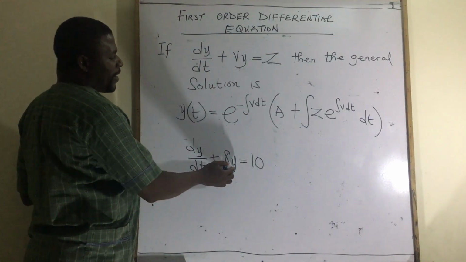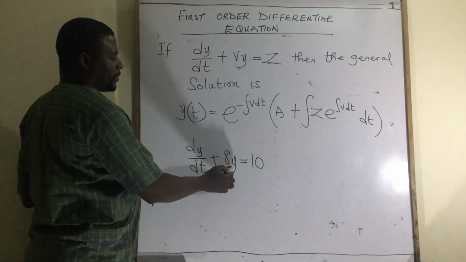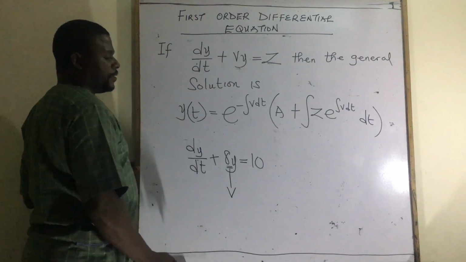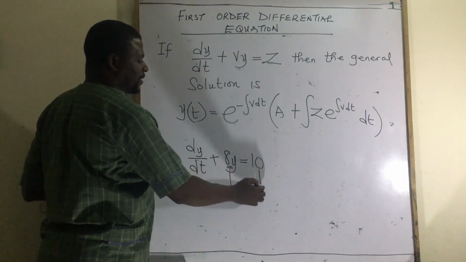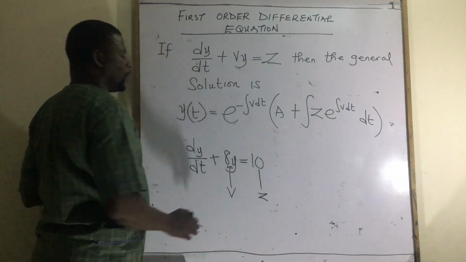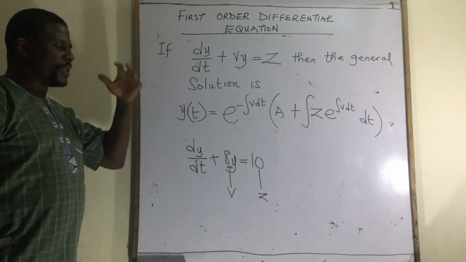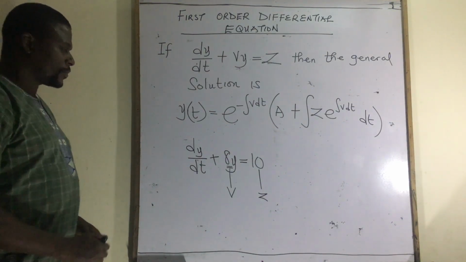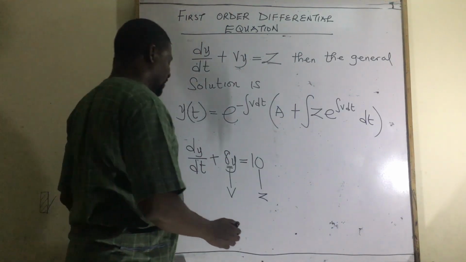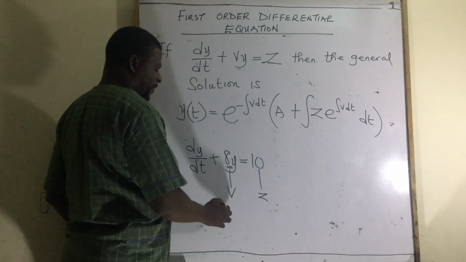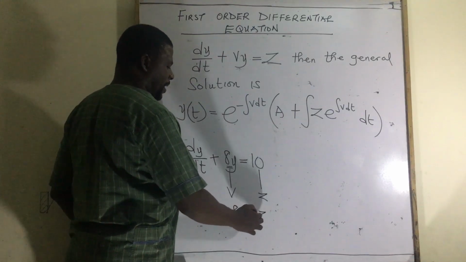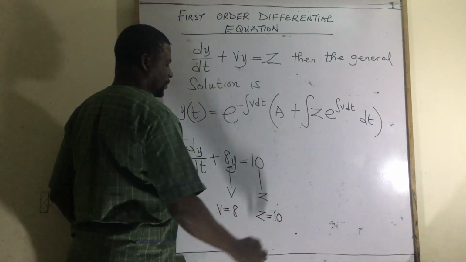Whatever I have beside y is always my v, and whatever is standing alone is always my z. Do you see that? You must first establish that. So from here my v is 8, my z is 10.